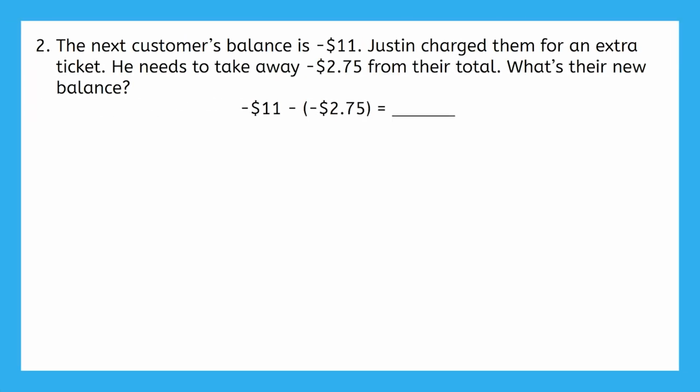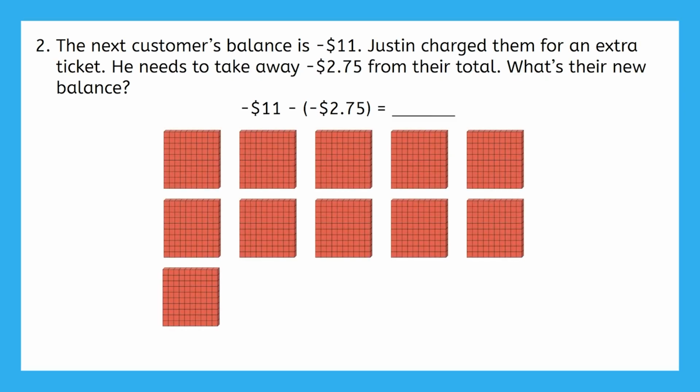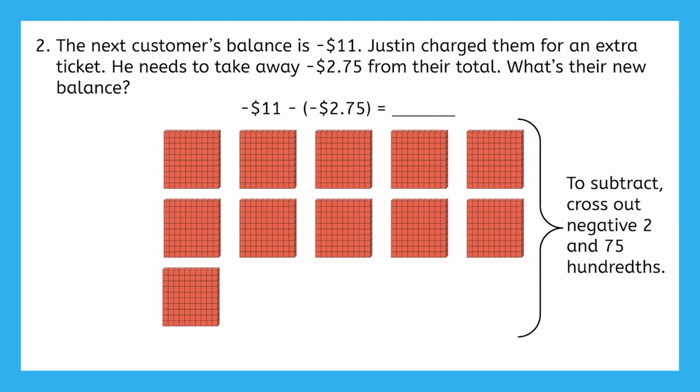What's the customer's new balance? Here are 11 negative wholes. How do we show taking away 2 and 75 hundredths? To subtract negatives, we could just cross out negative 2 and 75 hundredths. Starting with the smallest place value, let's cross out 75 hundredths first.